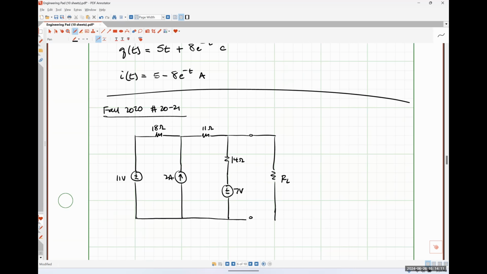Our ultimate goal here, as per usual, is to have a circuit that is a practical voltage source in series with the resistance RL, or a practical current source in parallel with the resistance RL. Looking at this one, I'm not sure which we're going to end up with.